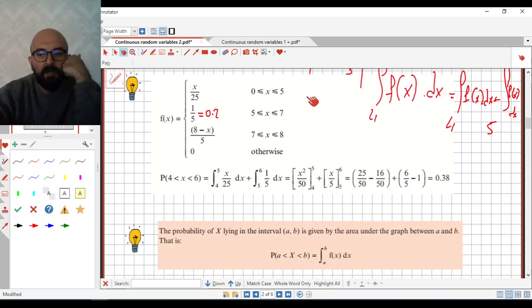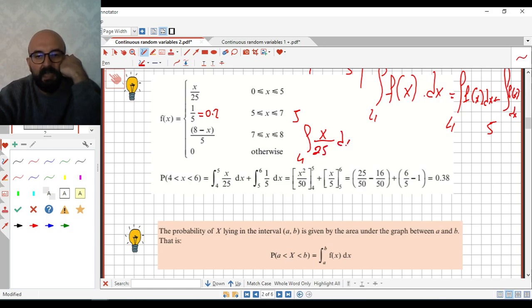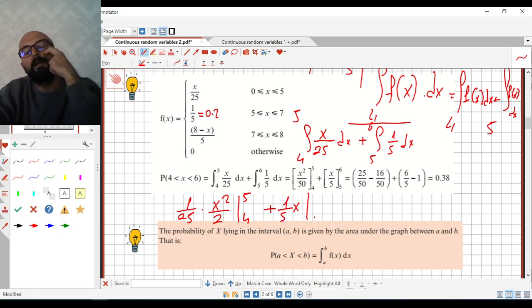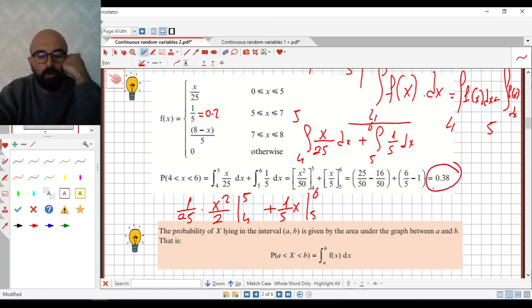Now we have the integration from 4 to 5 of x over 25 dx plus the integration from 5 to 6 of 1 over 5 dx. And now this integration equals 1 over 25 multiplied by x squared over 2 from 4 to 5, plus 1 over 5 x from 5 to 6.